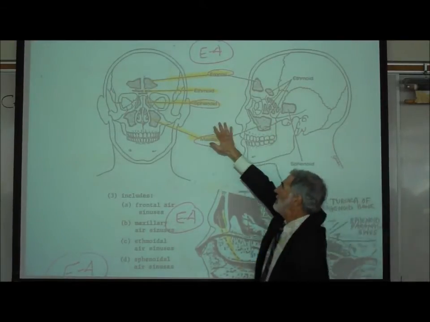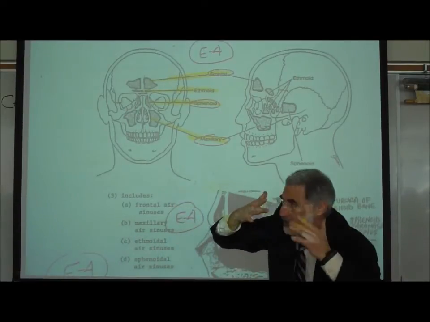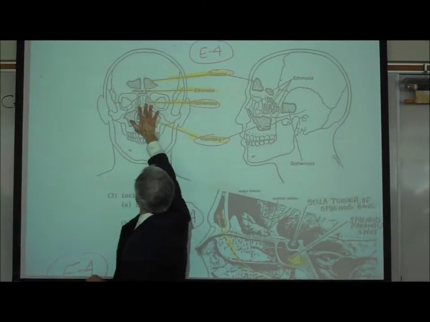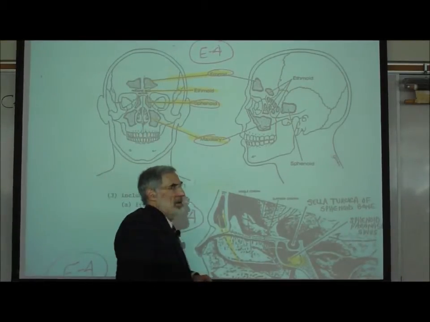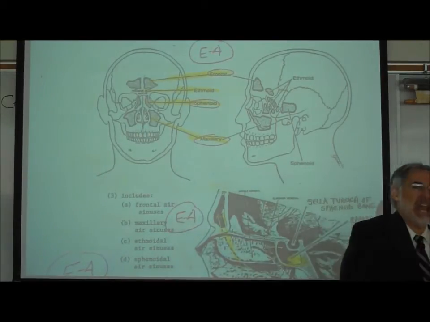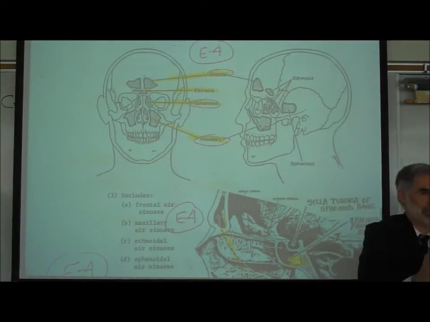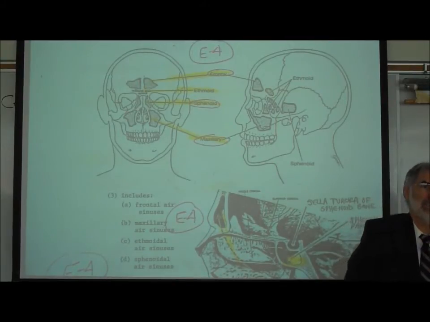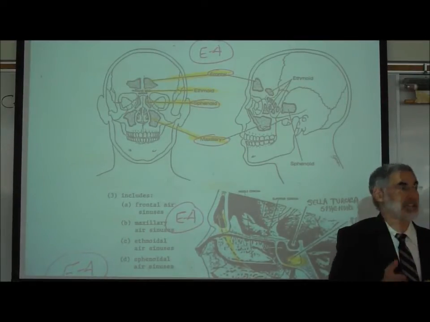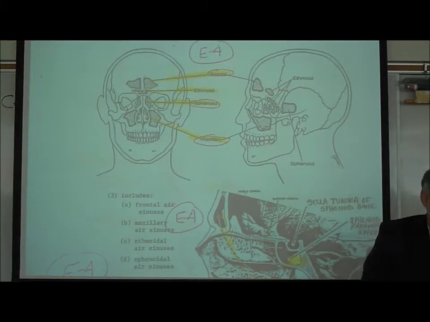There's a frontal paranasal sinus cavity. We mentioned this when we were talking about the frontal bone. There's an ethmoidal, a sphenoidal, and right now we're talking about the maxillary. Again, this is a hollow cavity in the bones. You cannot see this when looking at a skull because it's hollow in the middle of the bone. So the only way you can see it is if you have X-ray vision. Since you don't have X-ray vision, we have to use X-rays.